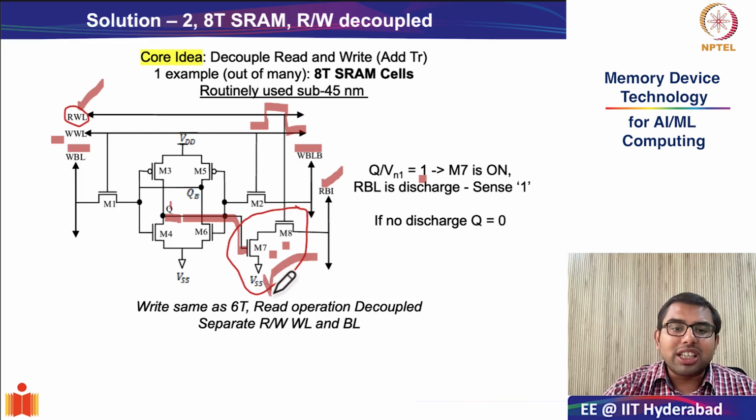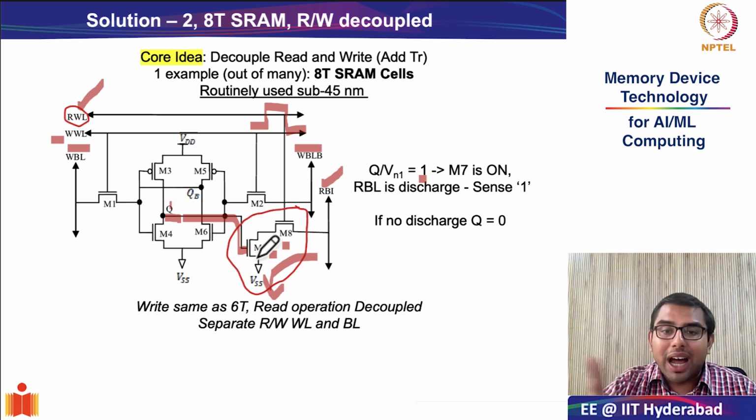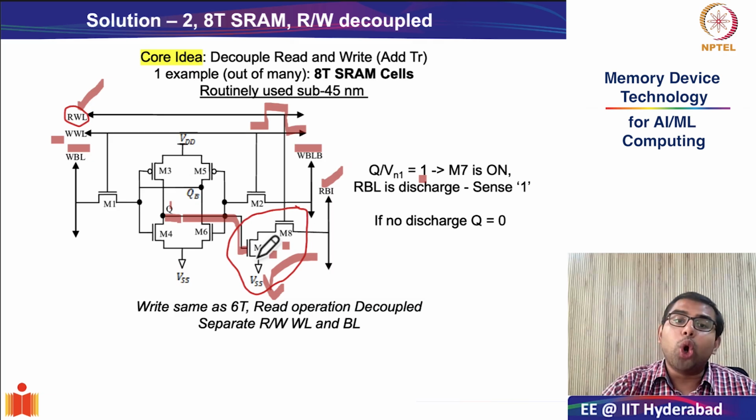So if there is a discharge in the read bit line when the read word line is enabled, we know that the value at Q, which is connected to the gate of M7, is 1. If there is no discharge, we know that the value of Q is 0.